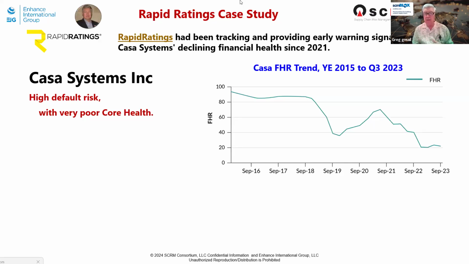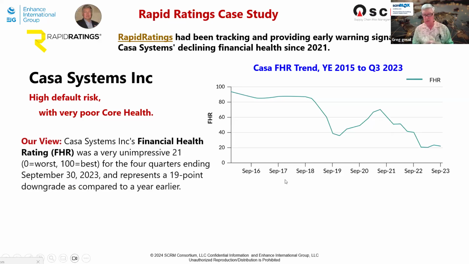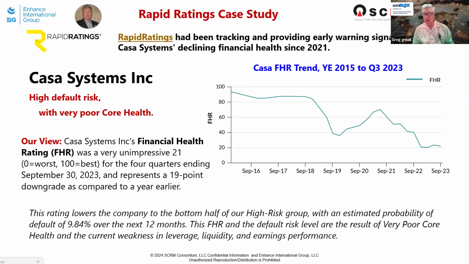The y-axis is their financial health rating from 0 to 100. 0 is bad, 100 is good. Basically, this company went, if you look at the chart left to right, from green to yellow to orange and then to red over the last couple of years.